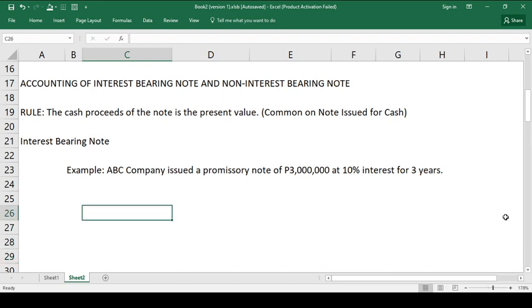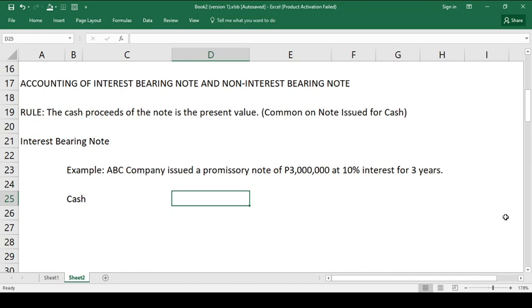In this case, assuming that the cash proceeds from the issuance of the note is the amount of 3 million pesos, because usually when we prepare a note for the purpose of obtaining cash, the value that we stipulate in the face of the promissory note, provided that it is interest bearing, is the amount that we receive.